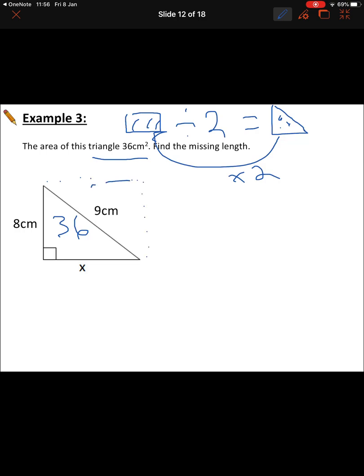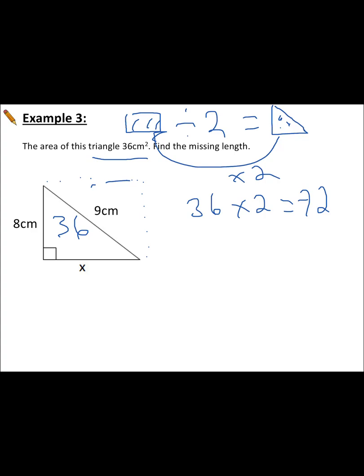If I double this 36, I would get the area of a rectangle. So 36 times 2 would give us 72 centimeters squared.